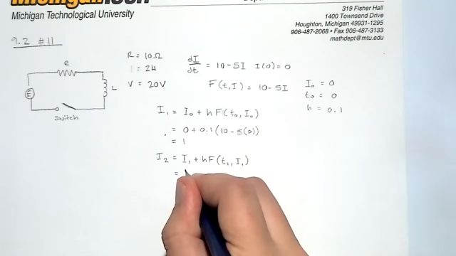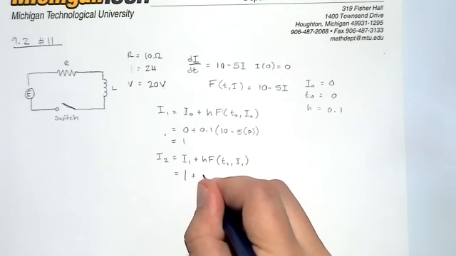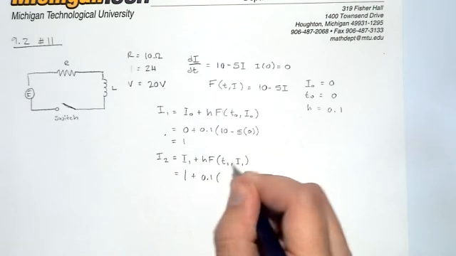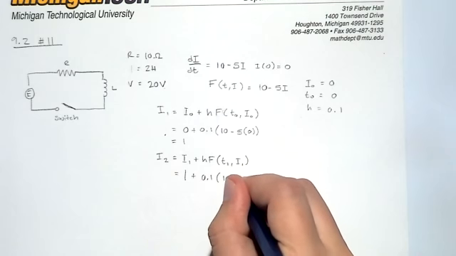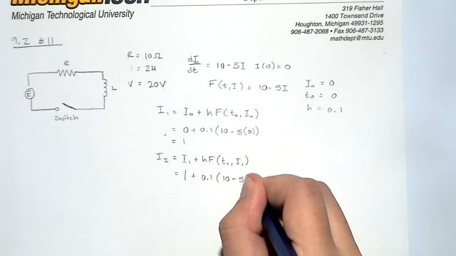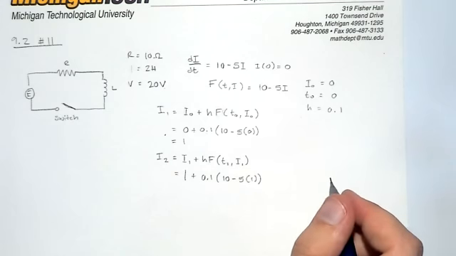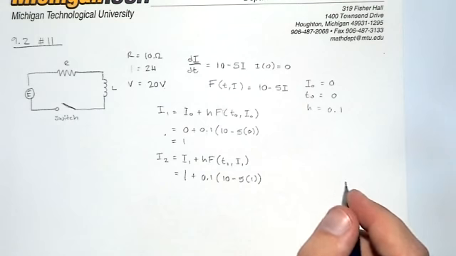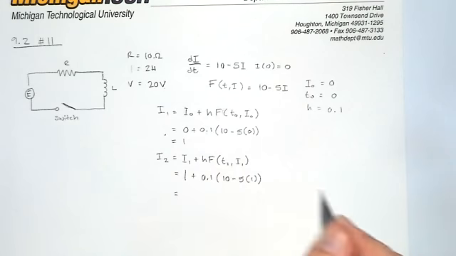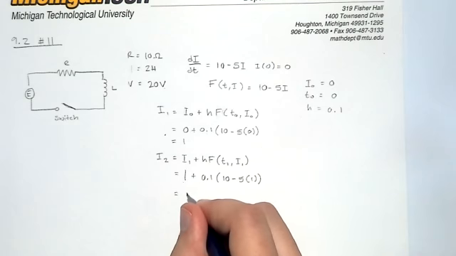It's going to be equal to 1 plus 0.1 times 10 minus 5 times 1. So this is 10 minus 5, 5, times 0.1, so this is going to be equal to 1.5.